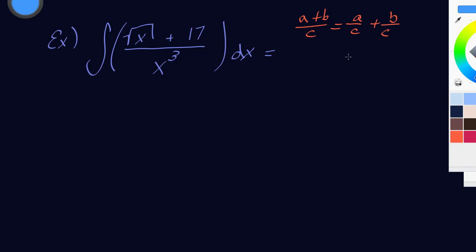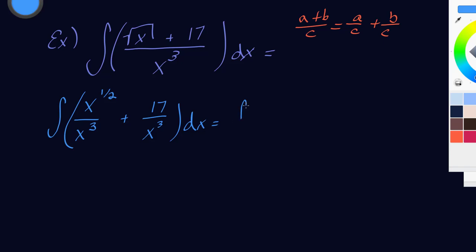So if we use this technique, we can break this up into the integral, and I'm going to rewrite this as x to the 1/2 divided by x to the third plus 17 divided by x to the third dx, which I can rewrite even further.